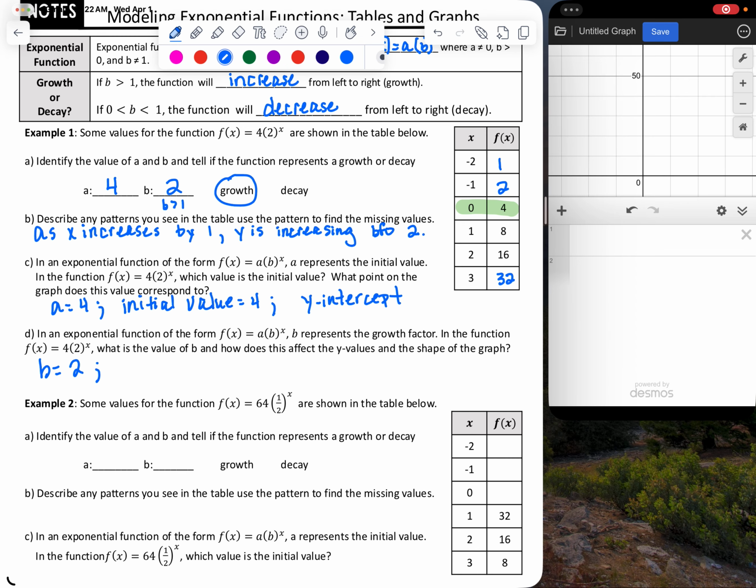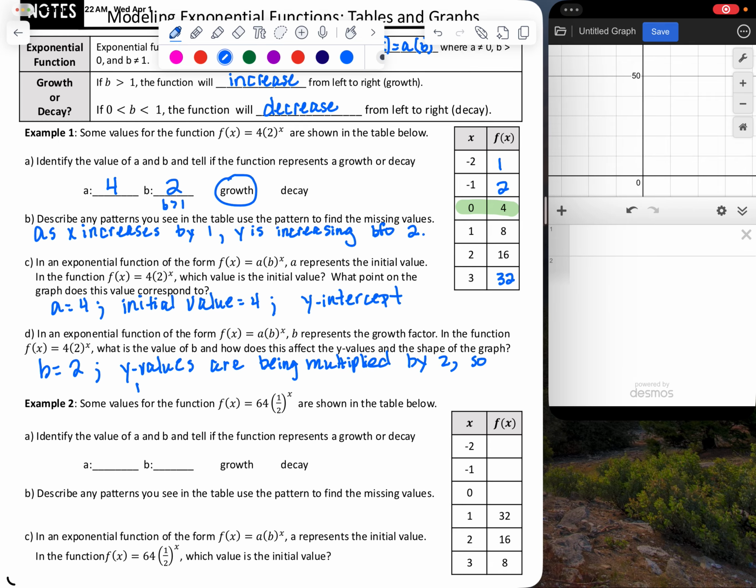So the y values are being multiplied by 2.